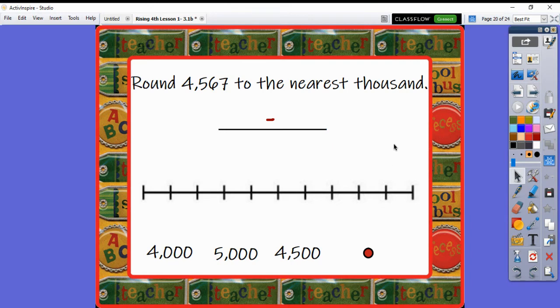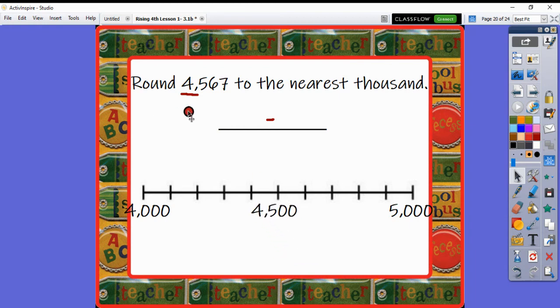All right, if someone were selling a car, for example, and it was 4,567 exactly, and I wanted to know about how much it would cost, I might round it to the nearest thousand. So the digit in my thousands place is a 4. The value is 4,000. So that's what I'm going to start my number line with. The next thousand, if I'm counting by thousands, would be 5,000. Half of 1,000 is 500.